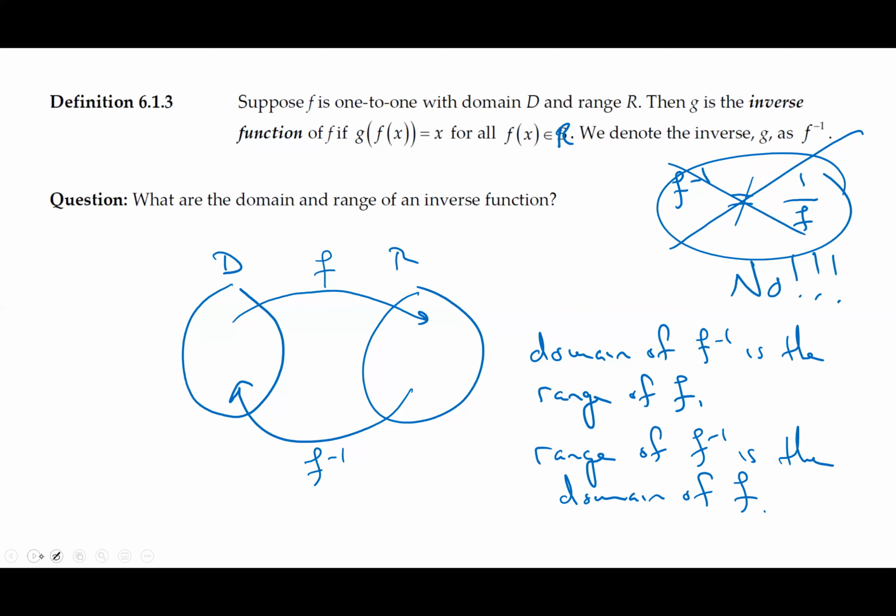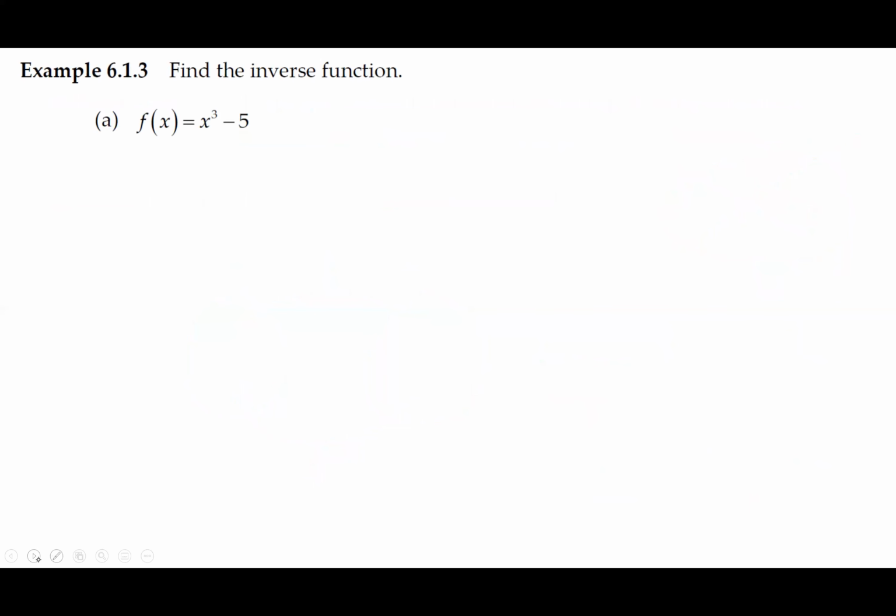All right, moving on. Find the inverse function. Well, if we're swapping domain elements for range elements, then if I change my f of x to y just for ease of notation, then I'm really interchanging, right? I'm saying what was an output is now an input and vice versa. So I have x equals y cubed minus 5.